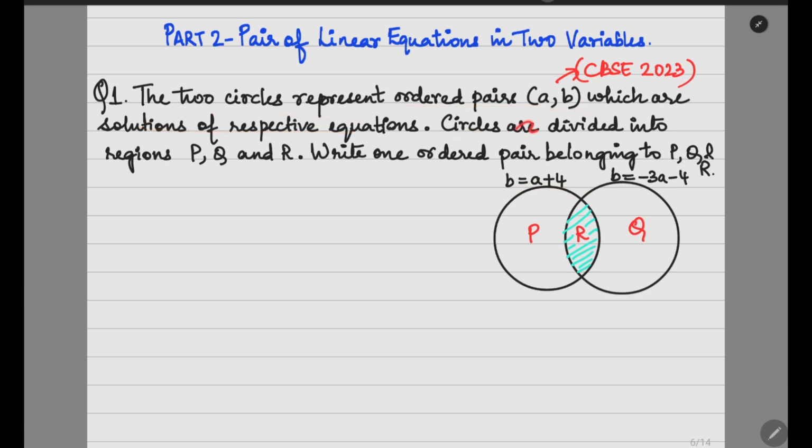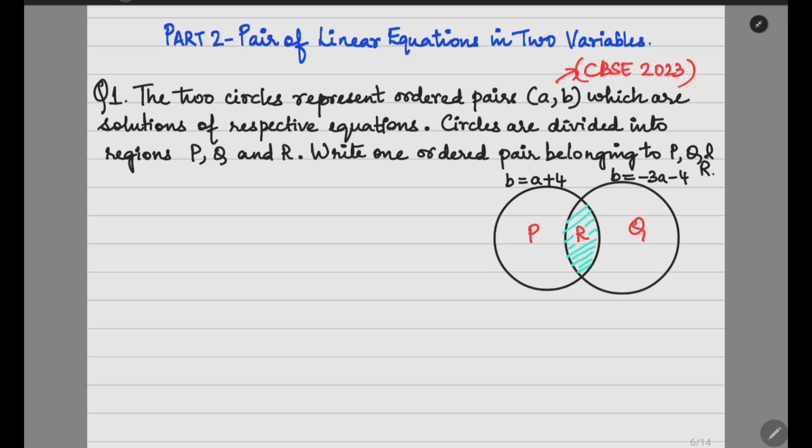The circles are divided into regions p, q and r. Write one ordered pair belonging to p, q and r. You are given two linear equations. In this figure, you have P, which is b = a + 4, and the Q region, which is b = -3a - 4.